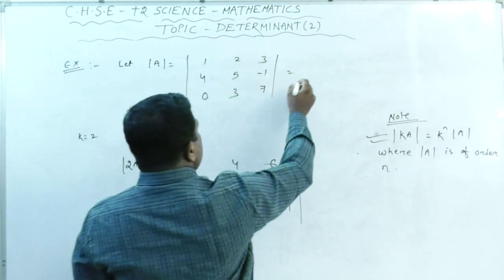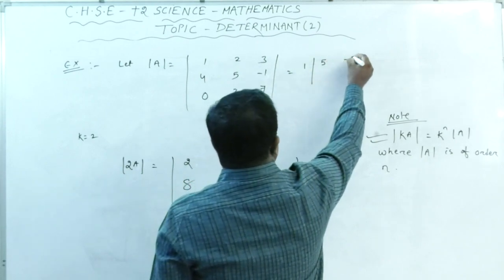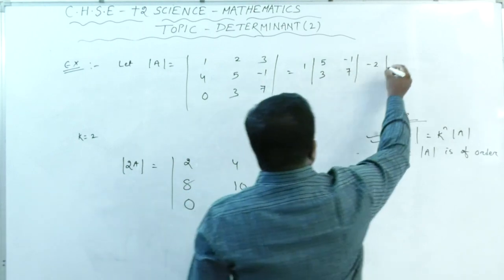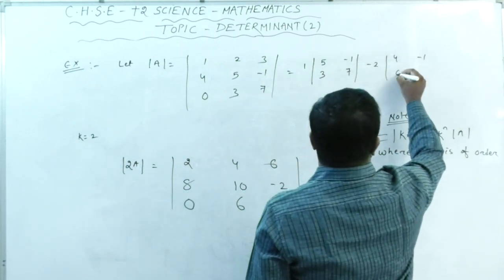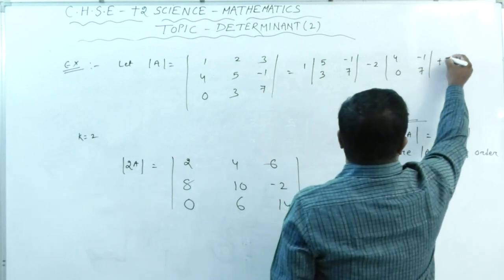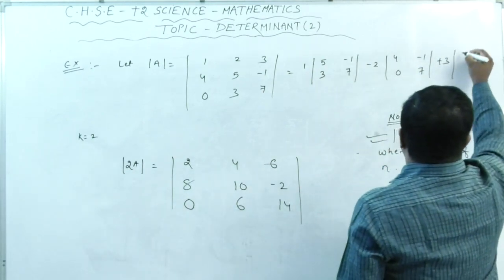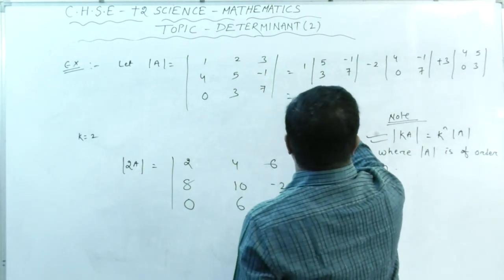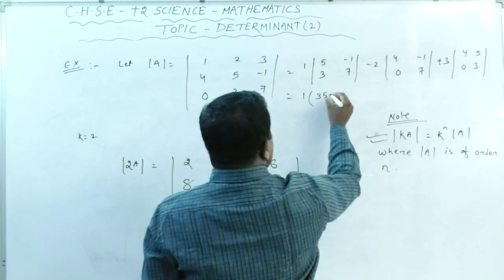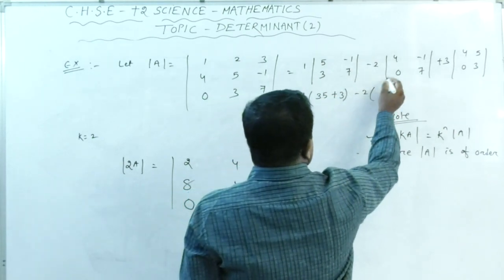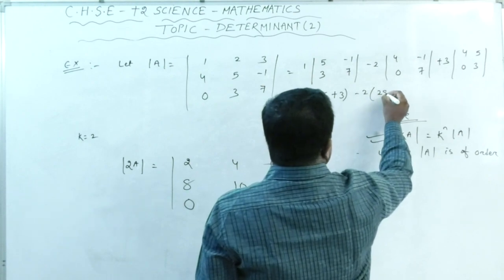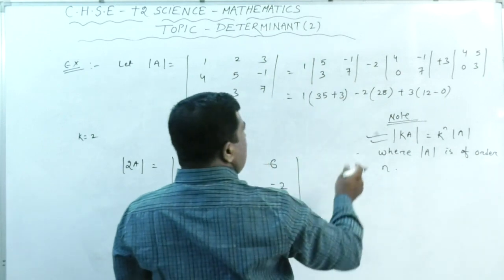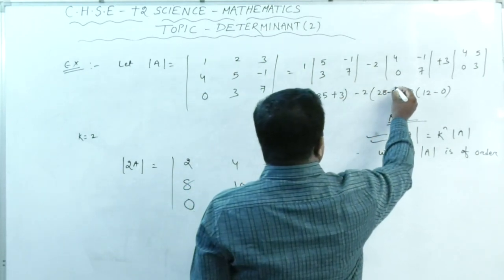So it is 1 times the determinant of 5, minus 1, 3, 7. Then minus 2 times the determinant of 4, minus 1, 0, 7. Then plus 3 times the determinant of 4, 5, 0, 3. You see, I am writing it. So it is 1 times 35 plus 3, minus 2 times 28, and 3 times 12 minus 0, and that is also 0.